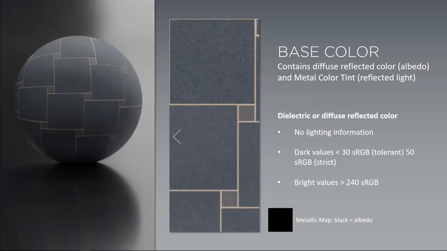When you say 30 sRGB there, does it mean 30 on a 0 to 255 scale? Yes, that's correct. If you're not entering floating point values, but just working with sRGB, we're talking 0 to 255.